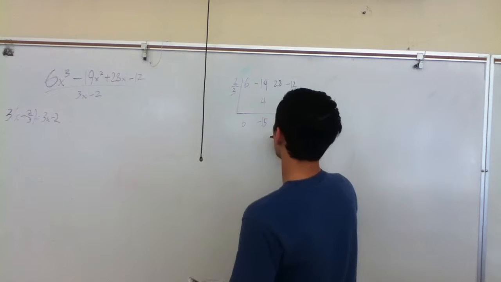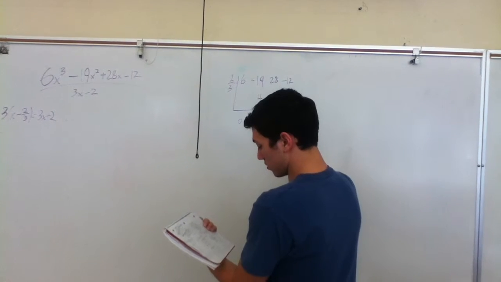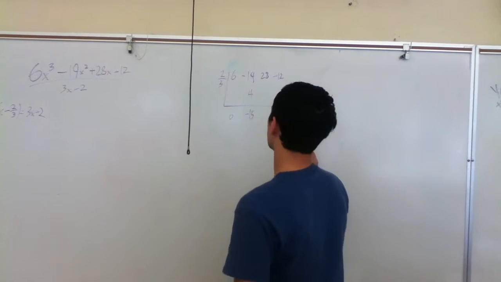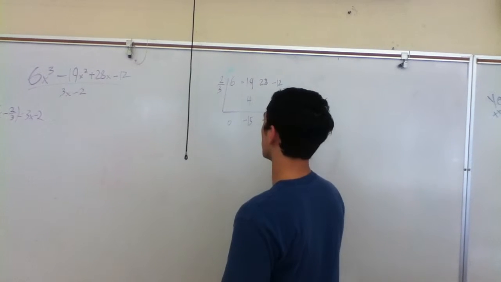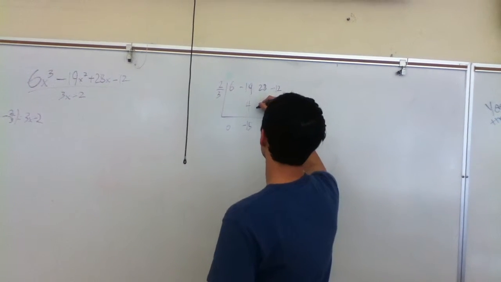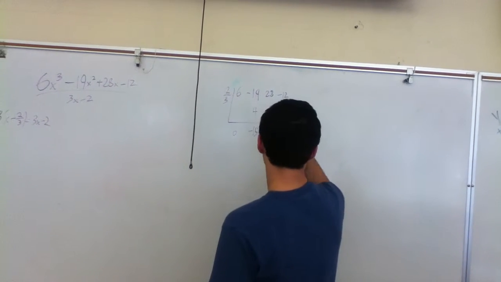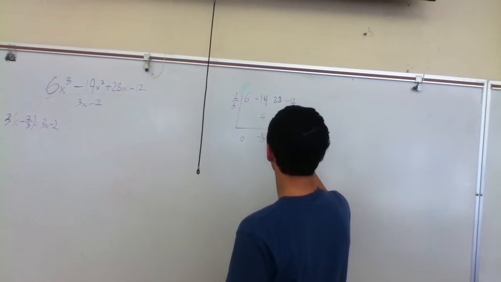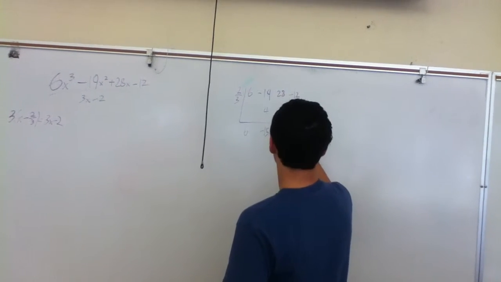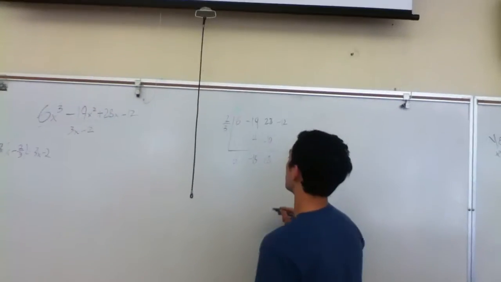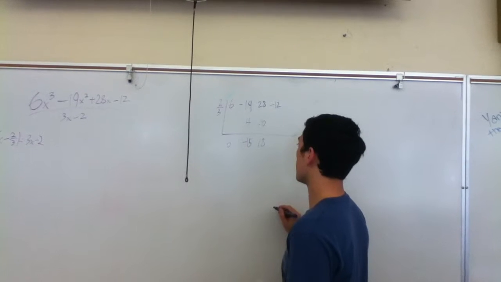Negative 15 times 2/3: negative 15 times 2 is negative 30, negative 30 over 3 is negative 10, right? Yeah, negative 10. Then 28 minus 10 is going to get us 18. 2/3 times 18, 2 times 18 is 36.